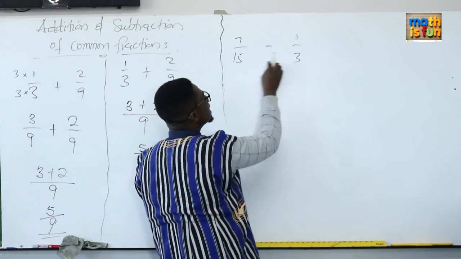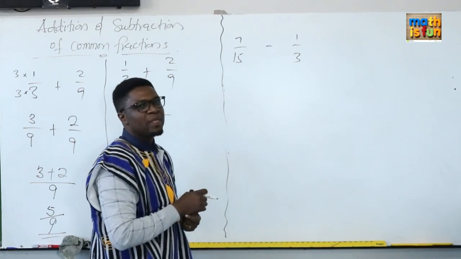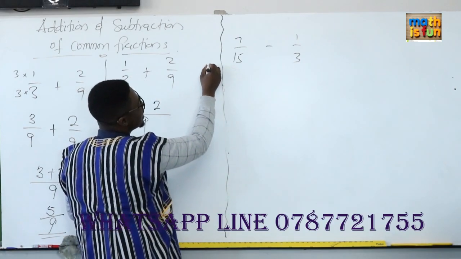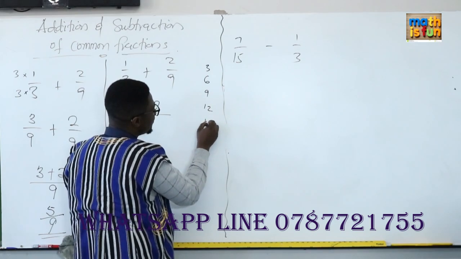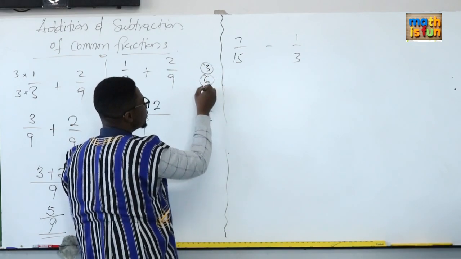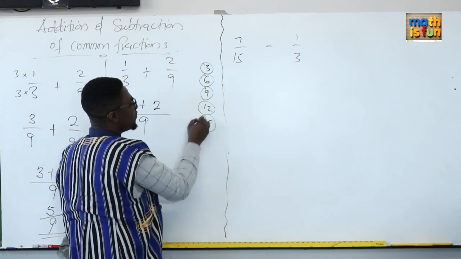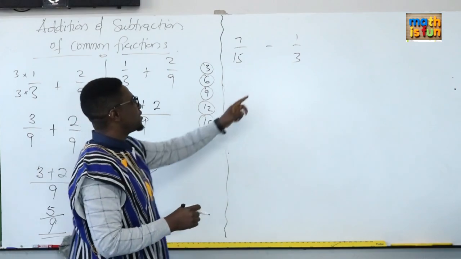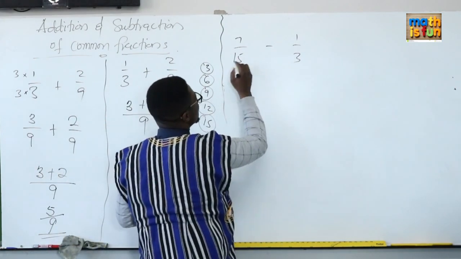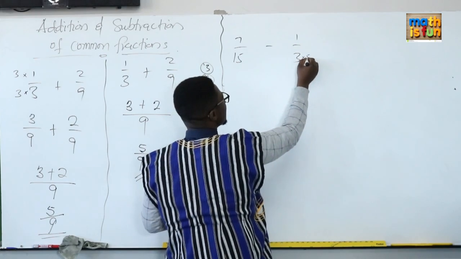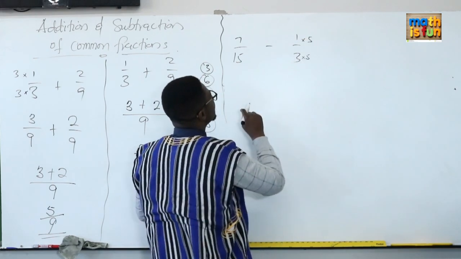Or how many 3's do we have in 15? We can go by saying 3, 6, 9, 12, 15. 1, 2, 3, 4, 5. So 3 can divide 15 5 times. So we multiply here by 5. We multiply here by 5.